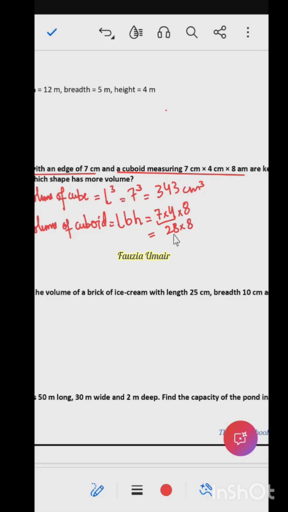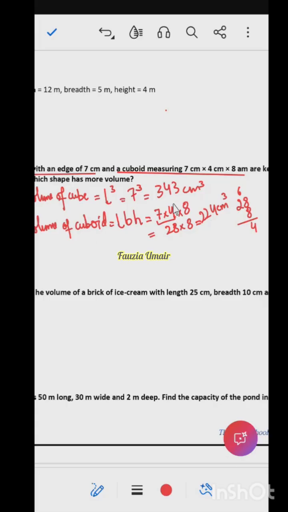That's right. 28 multiplied by 8. What is 28 multiplied by 8? Ma'am, 227. 224. Sorry, 224. 224 cubic centimeter.